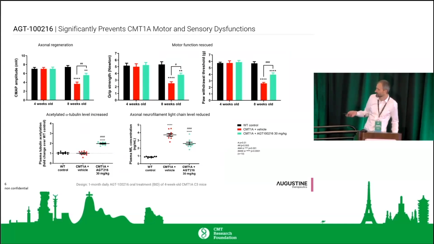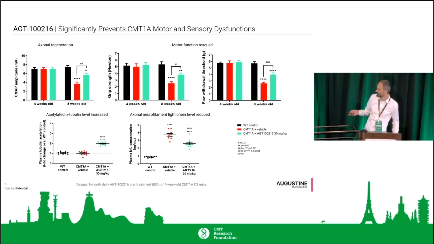And what you see in the red bar is that the untreated mice clearly develop deficits in the compound muscle action potential, in the grip strength, and in the paw withdrawal, so motor function related and axonal regeneration related outcomes, while the mice treated with 30 milligrams per kilogram of HED216 show a prevention, or partial prevention, of that phenotype occurring.